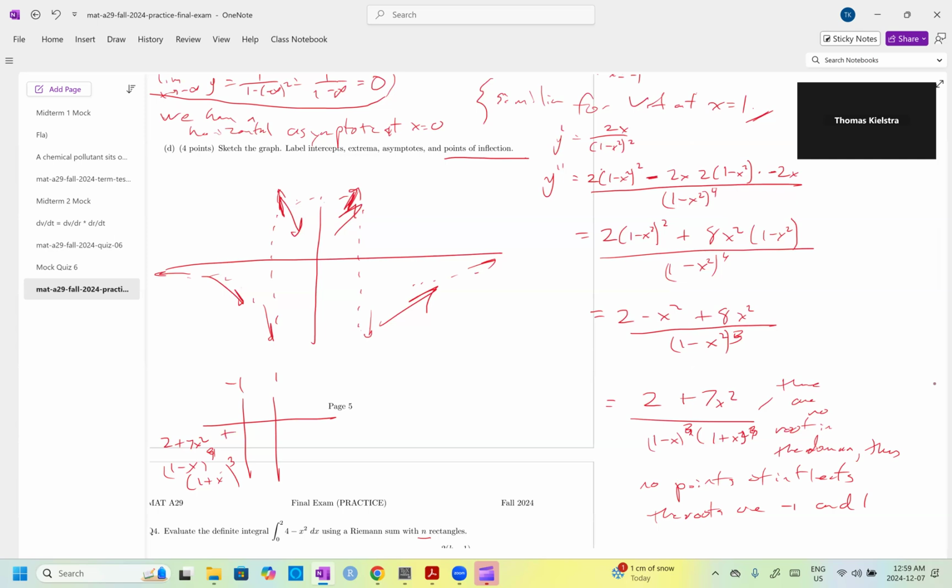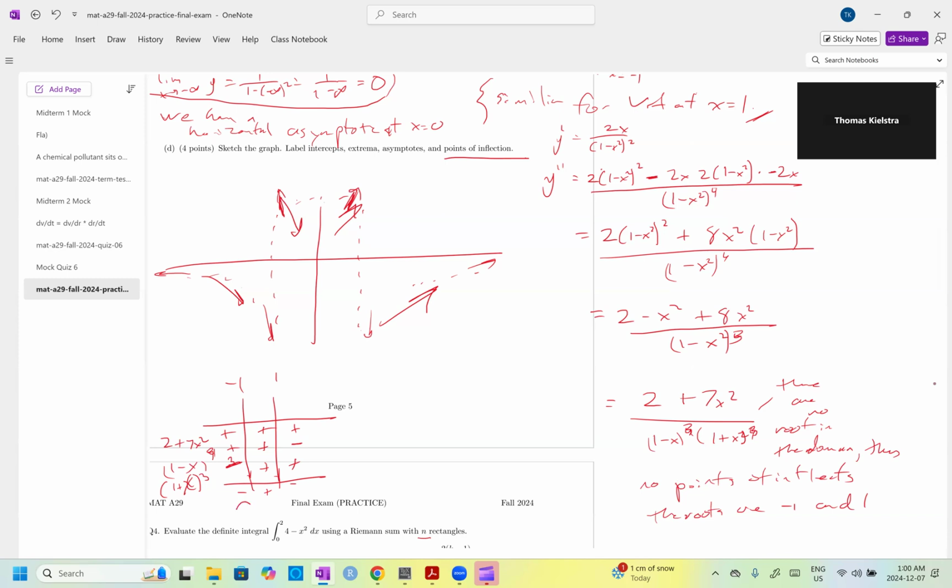Well, our 2 plus 7x squared is always going to be positive. (1 minus x) to the 3 is going to be negative when I'm greater than 1 and positive when I'm less. (1 plus x) to the power 3 is going to be positive, positive, negative. Multiplying these together gives negative, positive, negative.